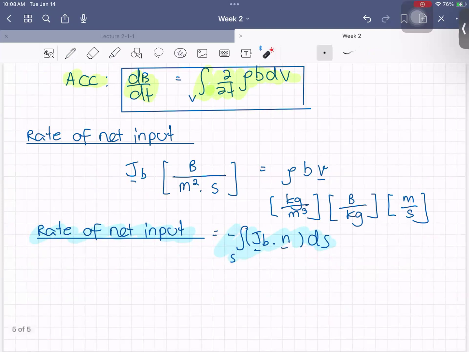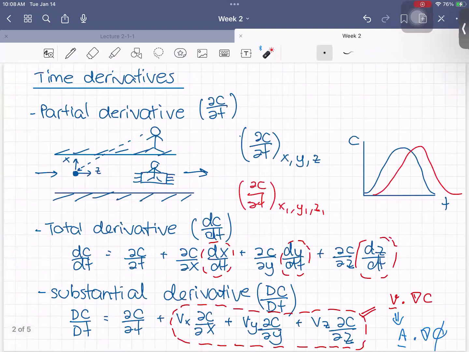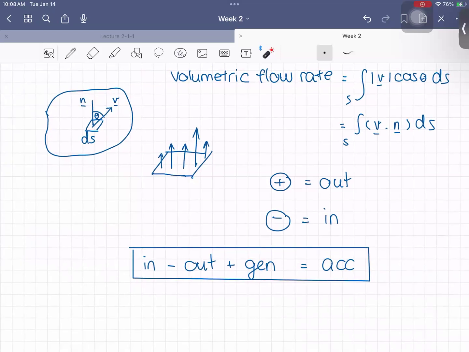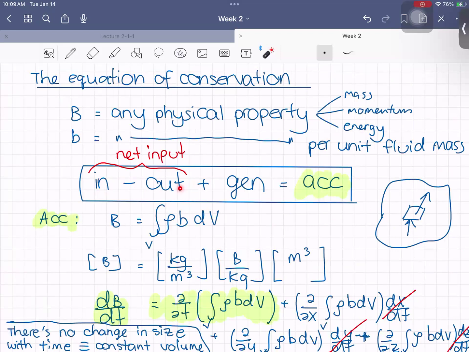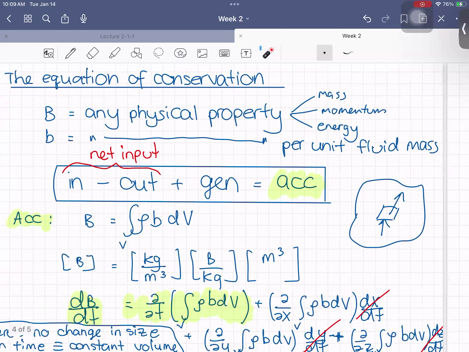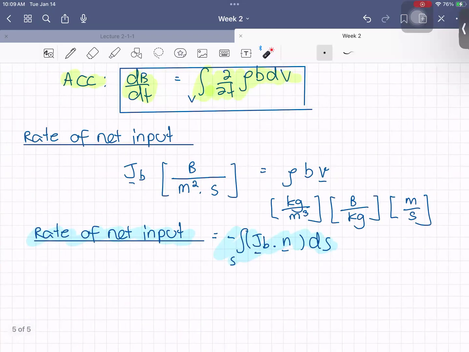The negative sign right here. If I go back to this slide, you remember this? We defined that whatever is coming into the dS will be the negative sign, and whatever's going out is going to be the positive sign. But right now we're considering in minus out as a net input, so the input is going into the area, and that's why we have to add the negative sign.